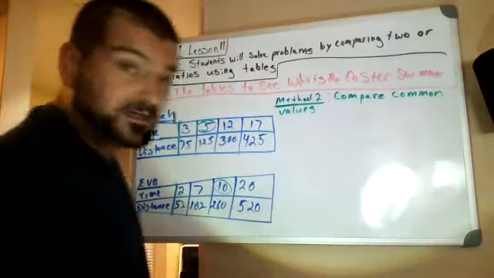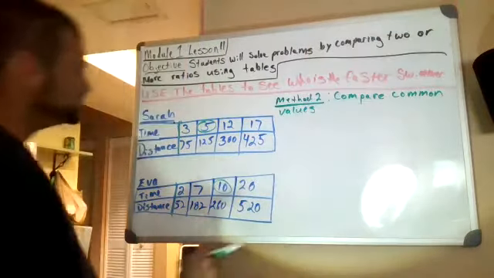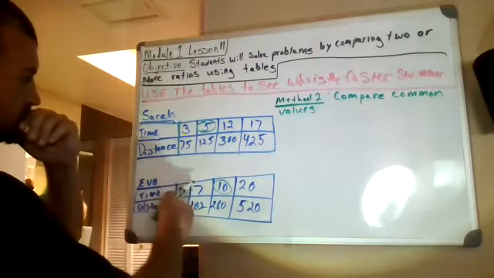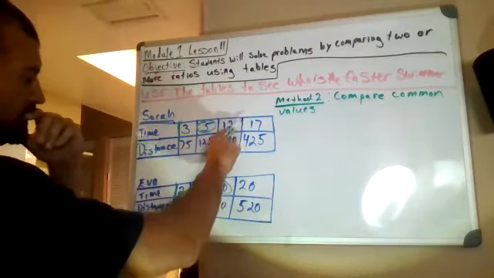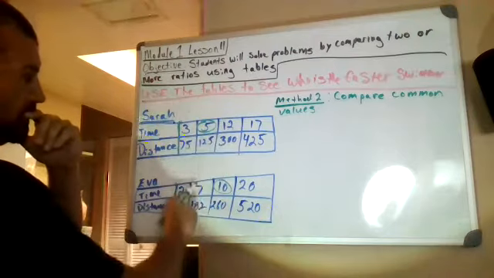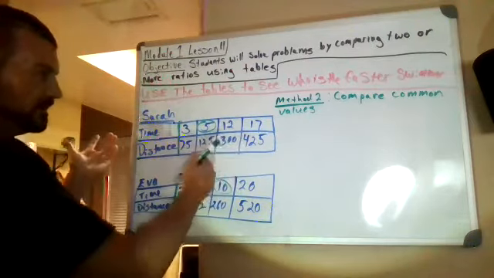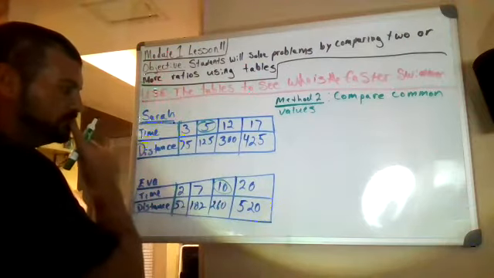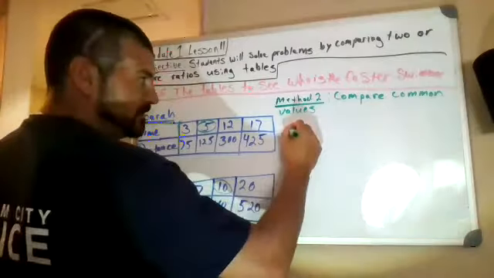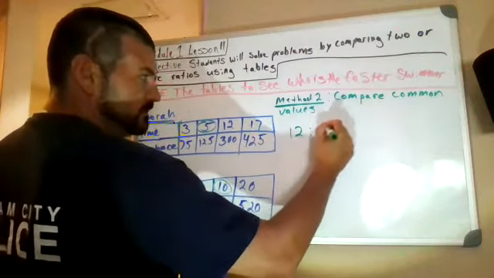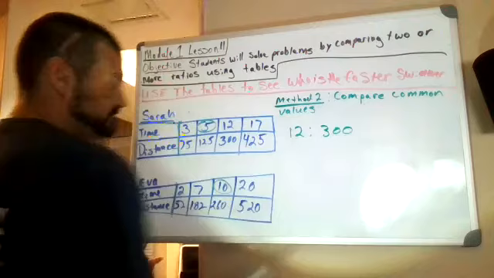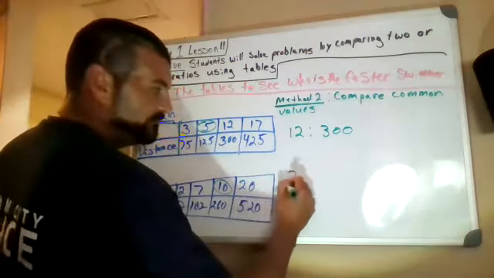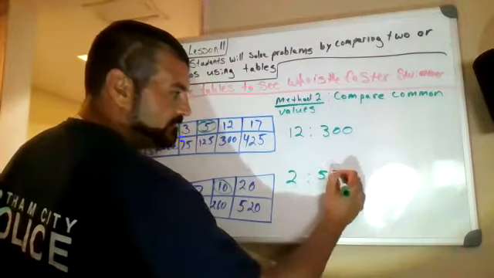Same method, different numbers. So I sit here and I'm like, well, there's a 12 and a 2. They're connected. So let's compare 12 to 300, and let's see that to the 2 to 52.